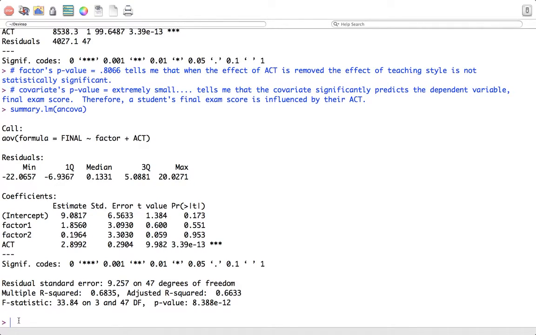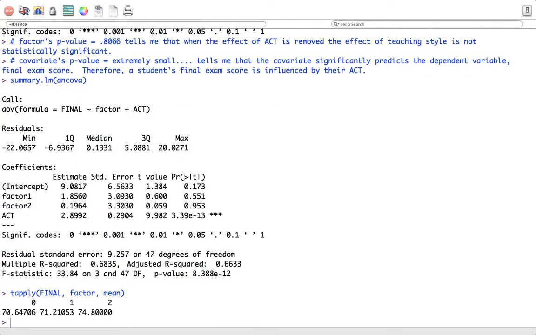Now let me tell you what people who know nothing about statistics will do. And trust me, this happens a lot, even in our math department. I could look at final over factor and just look at the mean. Now, if you want to do some bad statistics, pull this one off. Because the mean final exam score for group 2 is 74.8, which is higher than the final exam score for group 0.